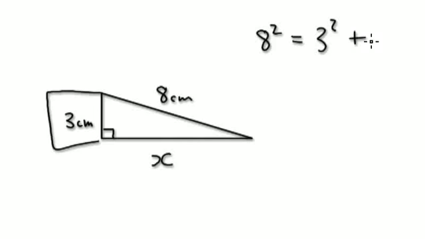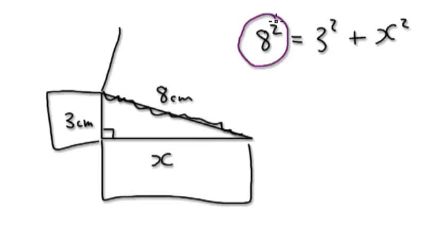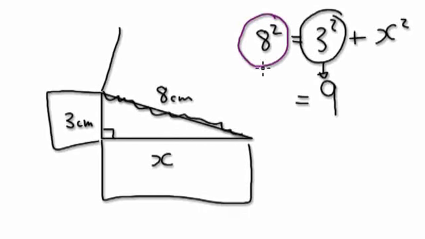3 squared plus x squared, because x is on the right hand side now. Just remember that the hypotenuse, the longest side, has to be on its own. You can see that here, it's on its own. This one here will be 9, and this one here will be 64, and x squared here.